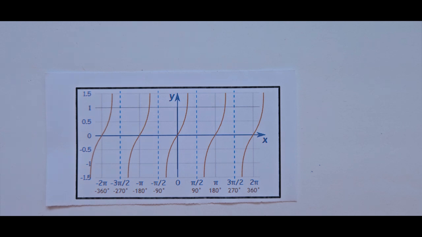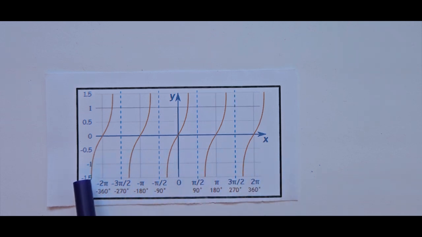In other words, you could say that your period is 180 because 90 here, 90 here, it's 180. And you can see in each period, it repeats itself, right? So how many times is it repeating itself? 6 times.